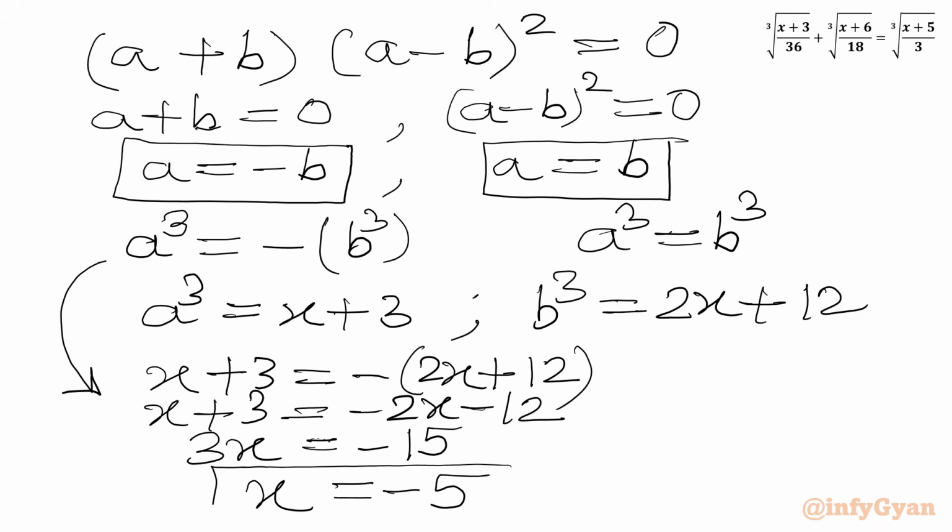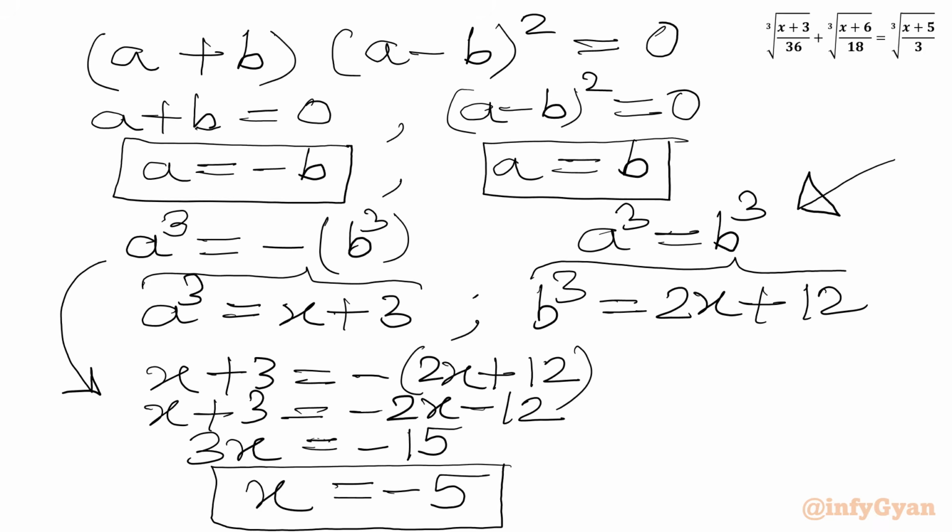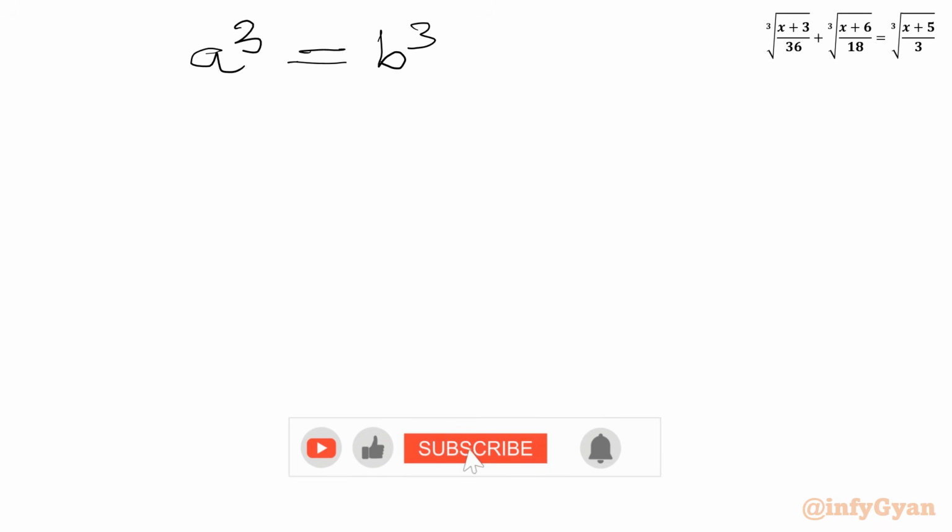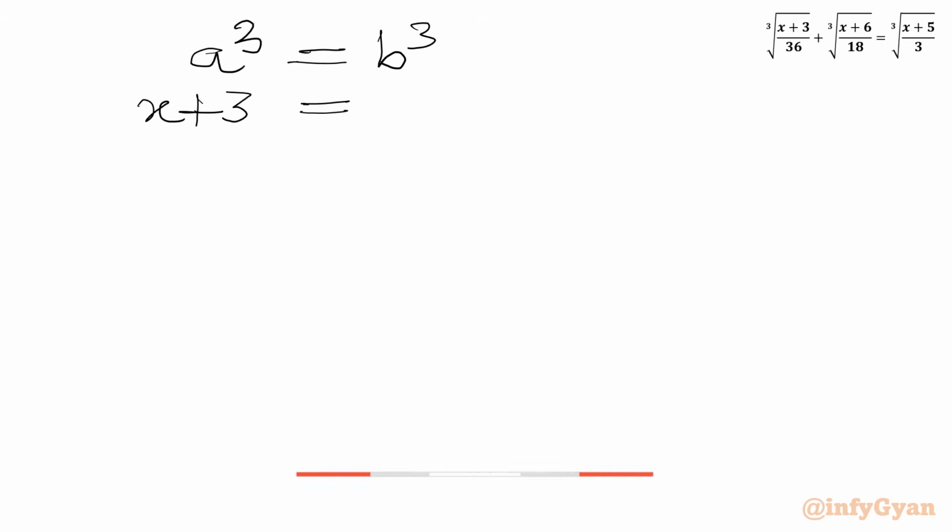Our first real solution. Now we will solve this equation. A cube equal to b cube, where a cube is x plus 3, b cube is 2x plus 12. Let me write here a cube equal to b cube. So here we will write x plus 3 in LHS, RHS will be 2x plus 12.